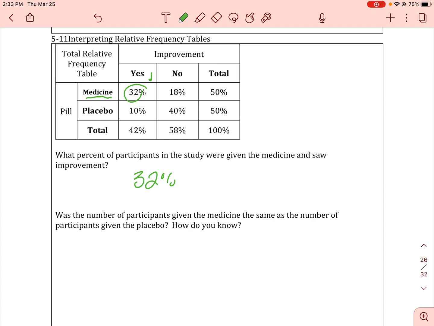Was the number of participants given the medicine the same as the number of participants given the placebo? Yes, because of the row relative frequency table.